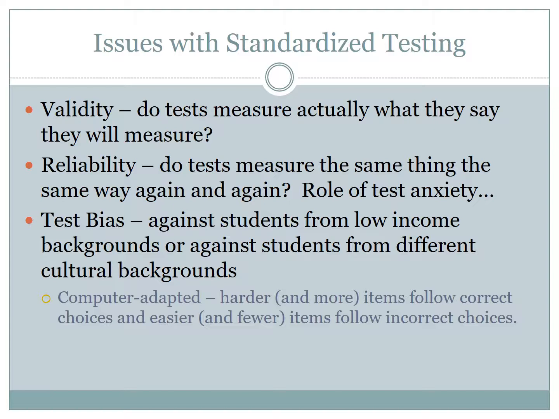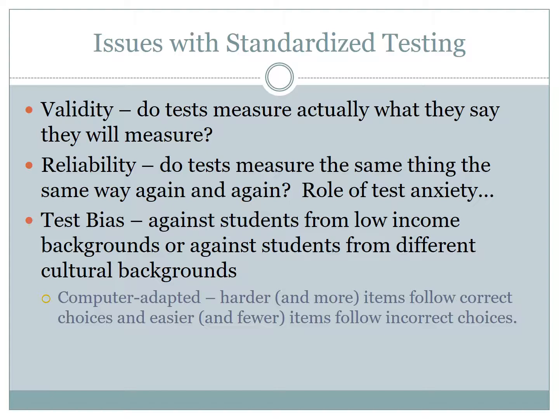One of the things that computers have added to standardized testing is that they've become computer adapted. So if you've ever taken a standardized test and you sat down and the more questions you were asked, the harder the questions got, you might have taken a computer adapted test.